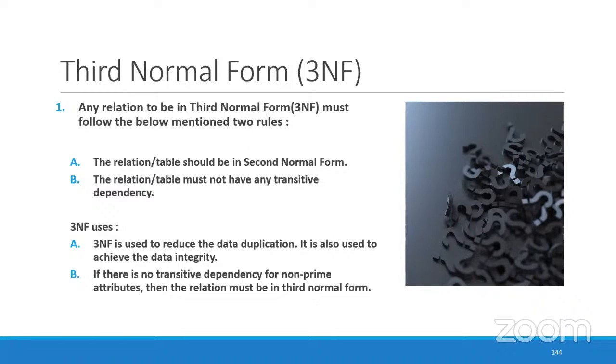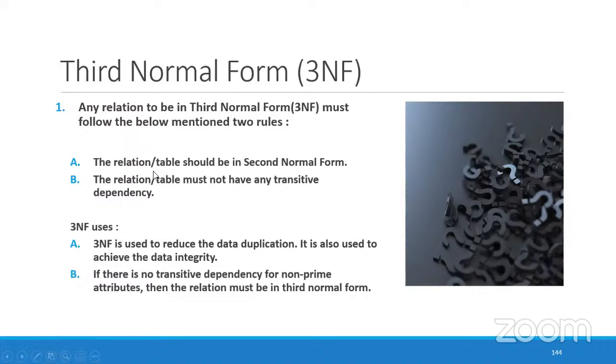Third normal form. In normalization, third normal form plays an important role in reducing the redundancy in relations. Any relation to be in third normal form must follow two rules.